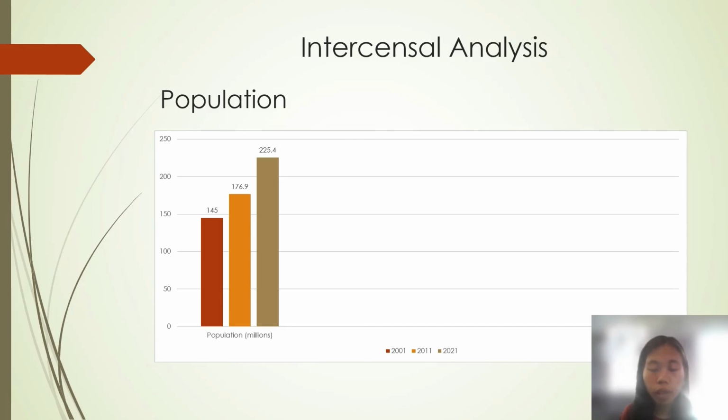Population in 2001 is about 145 million, and it increases into 176.9 million in 2011, and in 2021 it grows into 225.4 million.